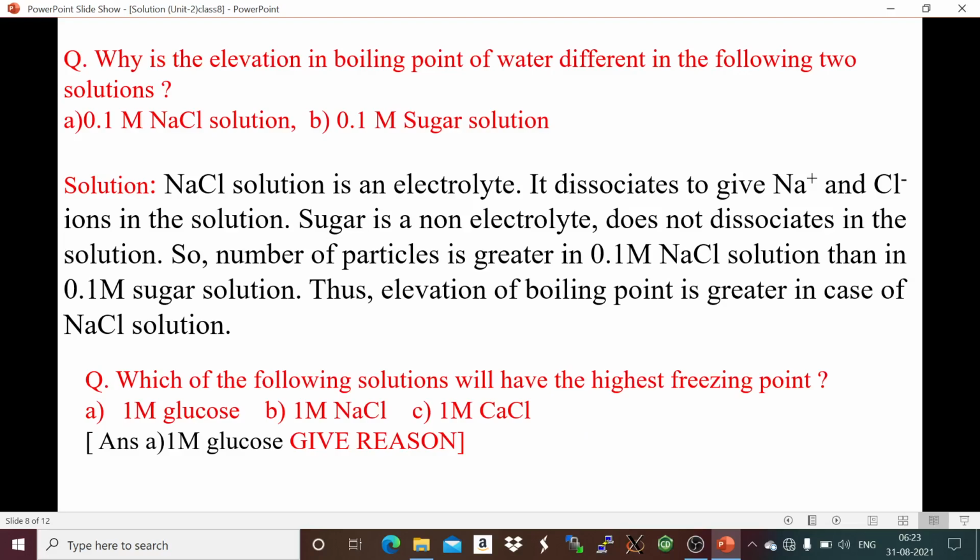Depression in freezing point, del Tf is equal to Tf naught minus Tf. So Tf is equal to Tf naught minus del Tf. Using this relation, predict the correct answer and give the reason. Okay, just remember CaCl2 here.